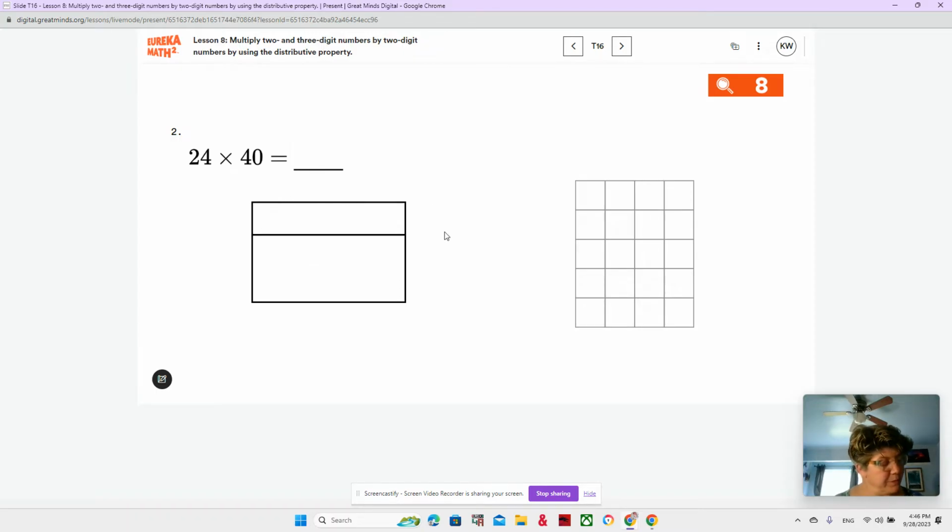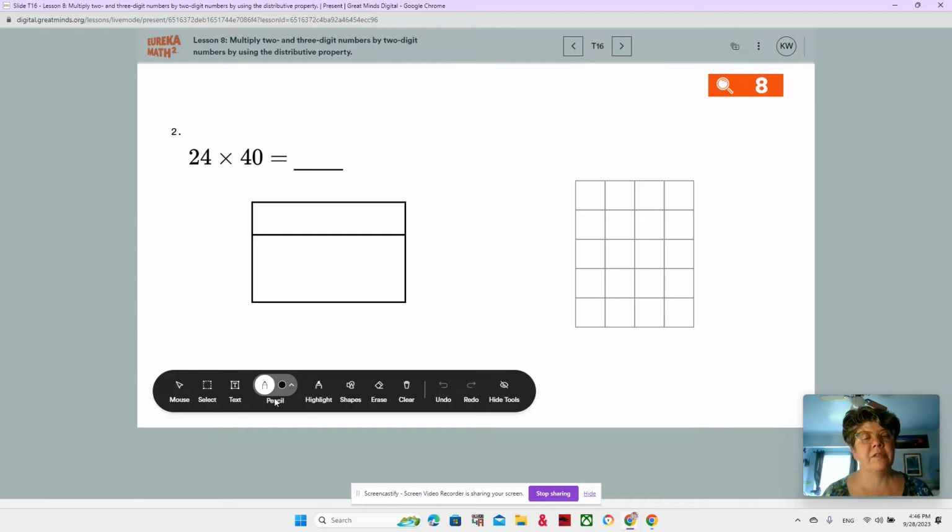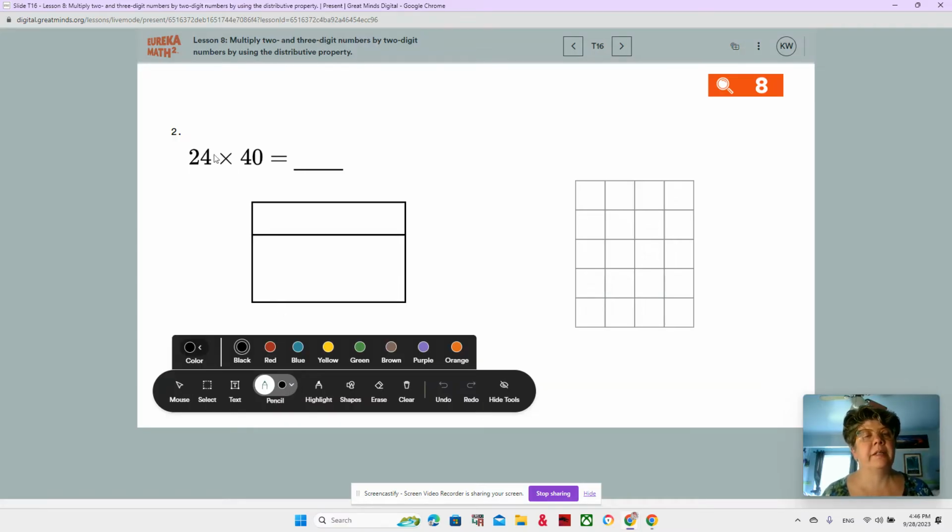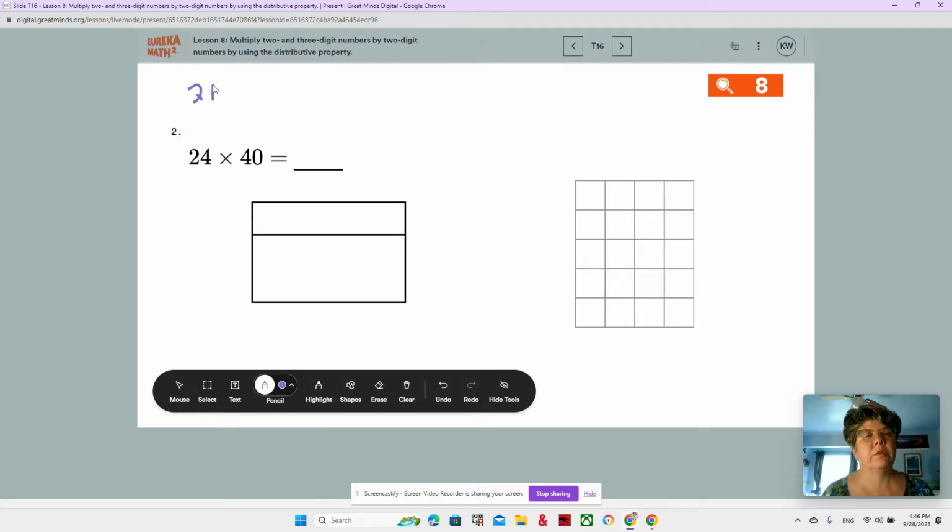24 times 40. So we're going to find the product of 24 and 40 using the distributive property. We can interpret this multiplication expression as 24 groups of 40 or 40 groups of 24, right? So let's think about that a little bit. 24 groups of 40.